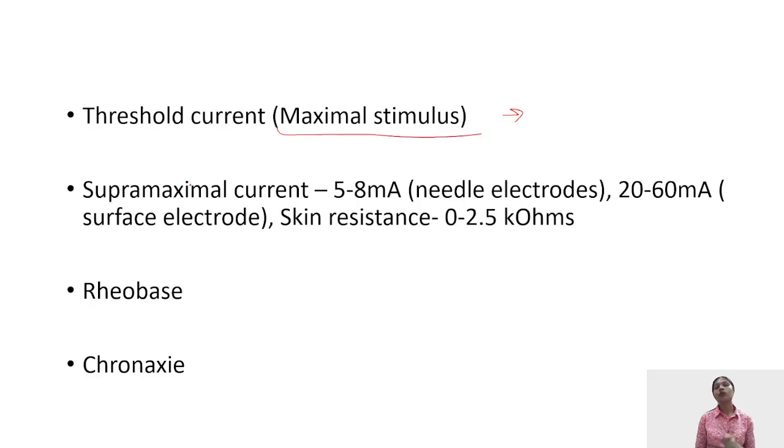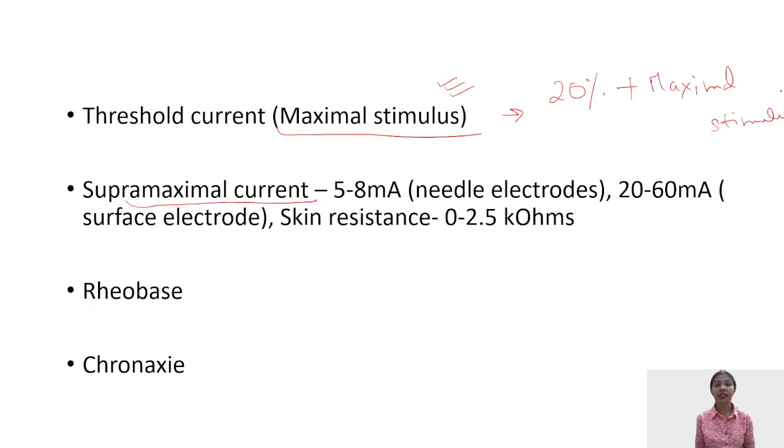In neuromuscular monitoring, what we use is supramaximal current. What is supramaximal current? When a threshold has been known to us, then 20% plus to this maximal stimulus is the supramaximal stimulus, which is used for neuromuscular monitoring.